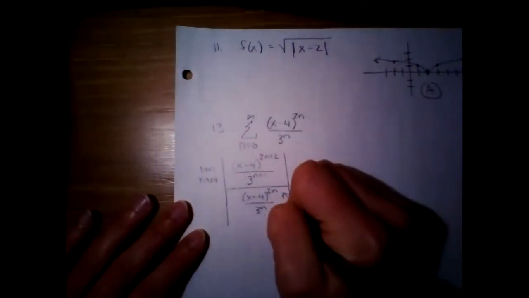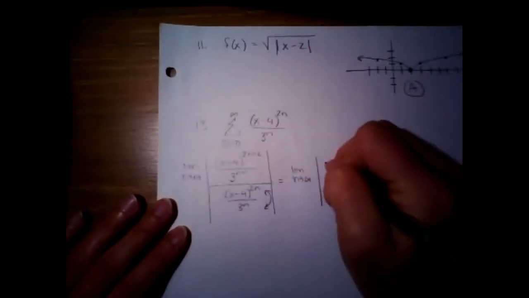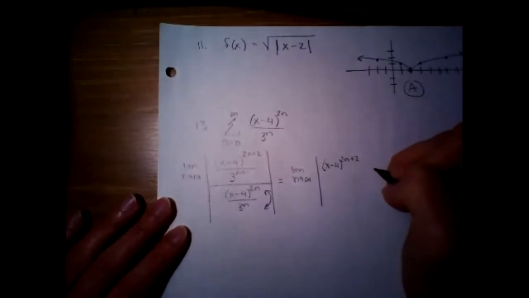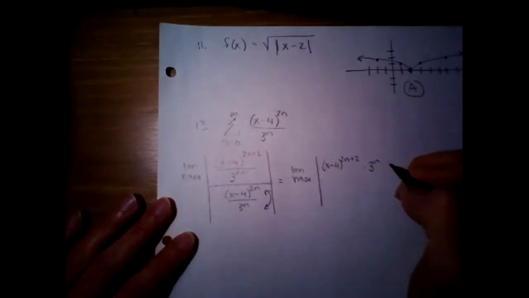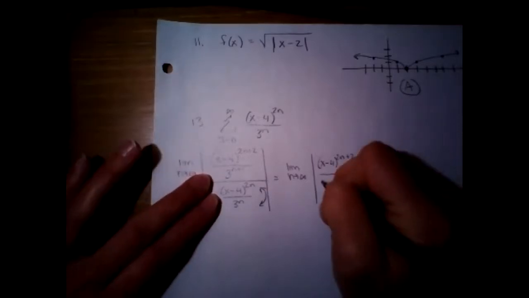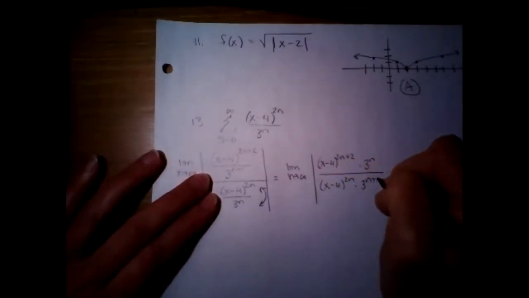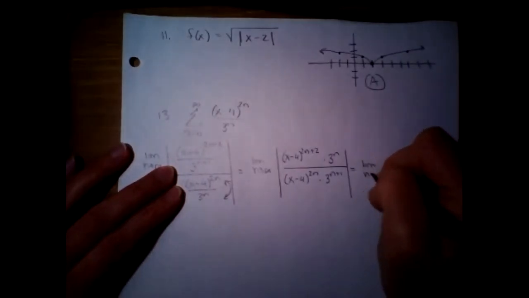So then this denominator is going to reciprocate. So this part, this 3 to the n, is going to come up to the numerator. Everything else is going to be in the denominator. All right, so once again, limit n goes to infinity.